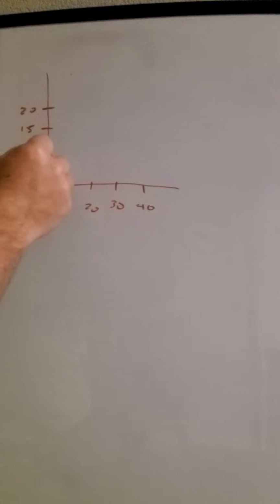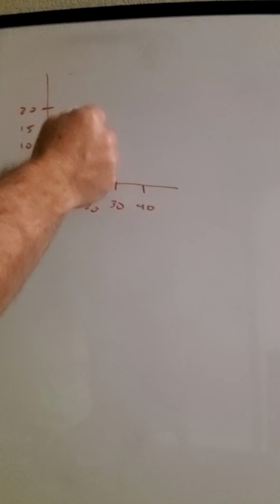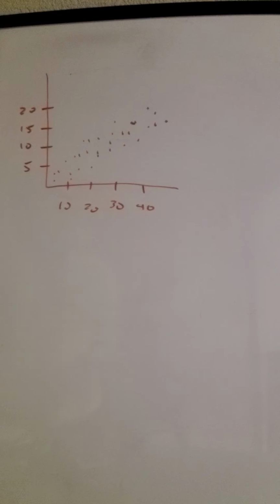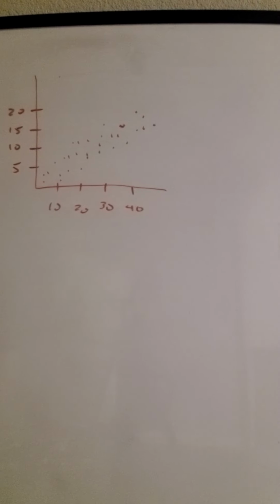So let's say we got a bunch of dots doing this, okay? Now, we can see a couple things here, and so I'm going to use some of my other markers to show you what's happening. First off, there's not a single line that goes through all these points, all right? And you can blow this picture up if you need to. But notice that if I look at the bulk of these points, they create a fat line that goes up to the right.